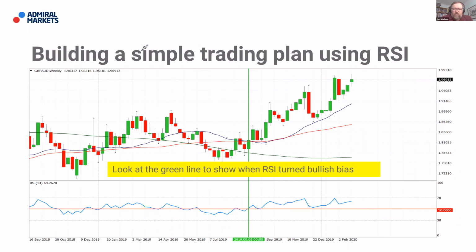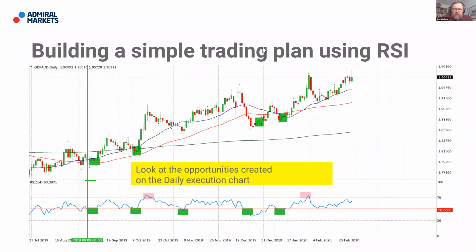Now I'm looking to see what's going on on my execution chart. Remember, my execution chart is one time frame lower. In this case, because we started off with a bias from the pound against the Australian dollar on the weekly chart, my execution chart is the daily chart, one time frame down.